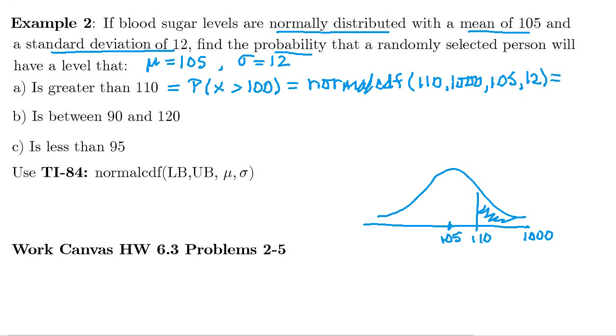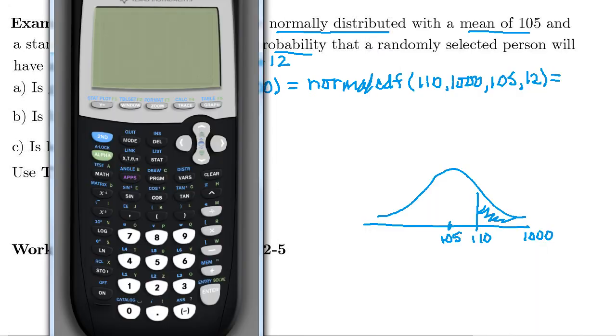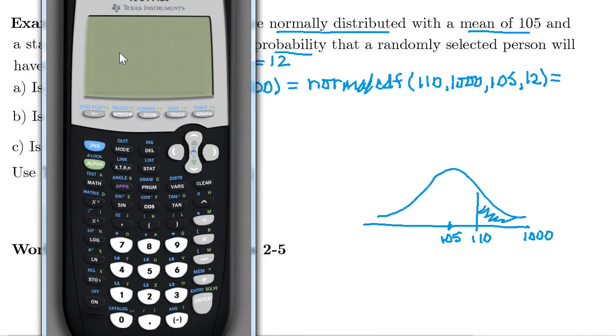Okay, let's enter that in. So I want second variables. Let's clear out. Second variables. Normal CDF is option 2. Our lower is 110. Our upper is 1000.